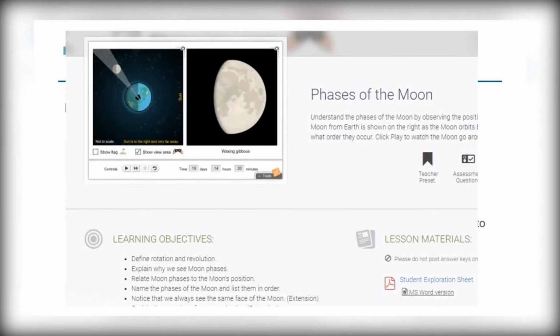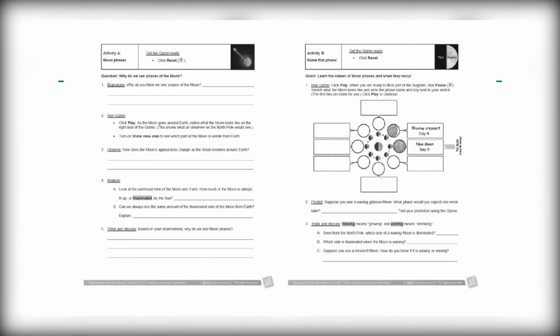Here's what you will see. The gizmo is the image that is to the left of your screen. And then down below on the right, you will see the link for the student exploration sheet. Here's a picture of activity A and activity B that you will complete.